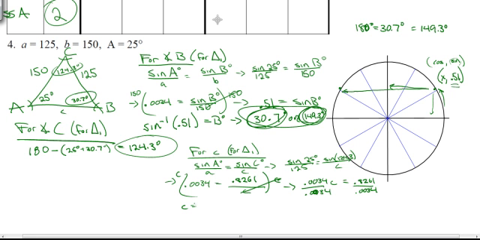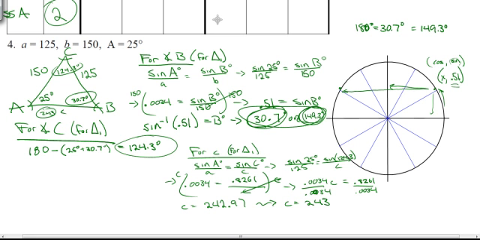In this case, 0.8261 divided by 0.0034 gives me 242.97. And if you're going to round that off, you'd probably have C equals, wow, 243 as your side length.